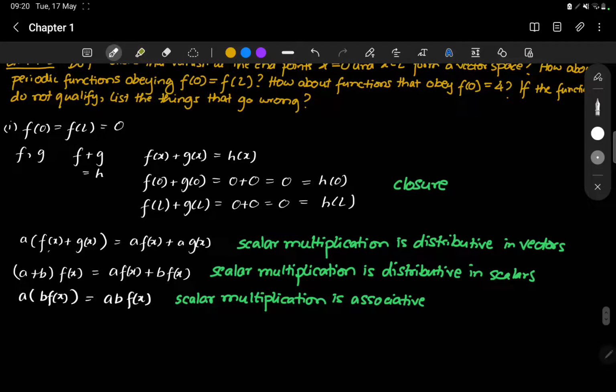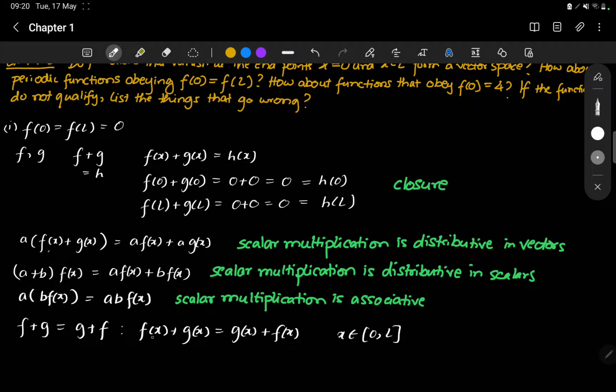Next come properties for addition. Addition meaning f plus g should be equal to g plus f. This is addition being commutative. And is this true? Well, yes, f of x plus g of x is indeed equal to g of x plus f of x for all the points x lying in that domain 0 to L. This is true for all points.